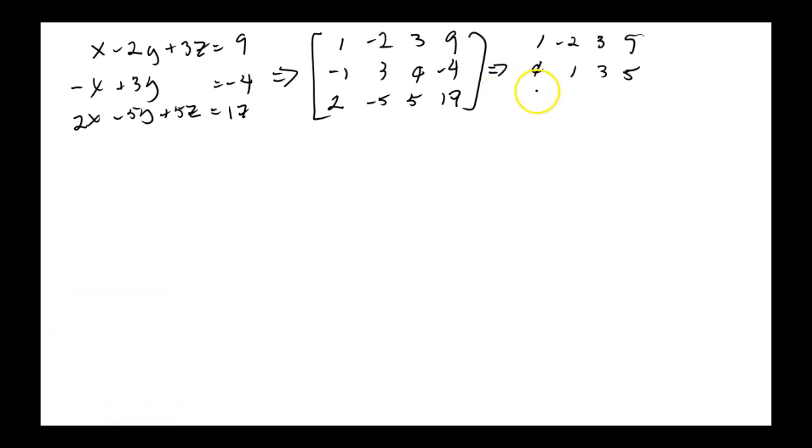What operation did you do to the second line again? Add the top row to the second row. So that gives you the 0, 1, 3, 5. And the next one is minus 2 times the top row plus this one.